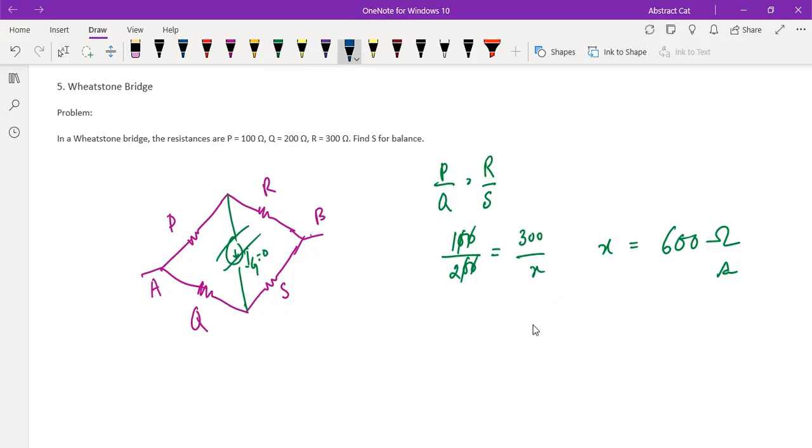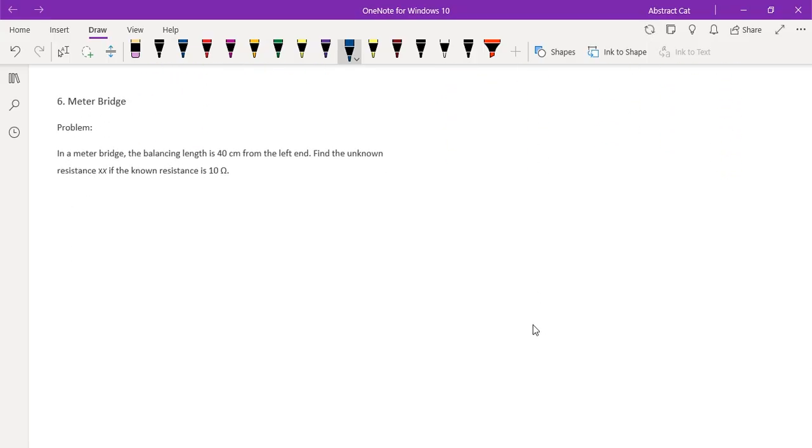Okay. Now the next problem is the meter bridge, same as the Wheatstone bridge problem. The balancing length is 40 centimeter on the left end, the unknown resistance is X, and the known resistance is 10. The meter bridge is 100 centimeter in length, and the balancing length is 40 centimeter.